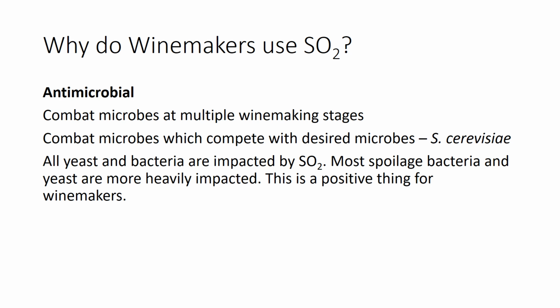However, spoilage bacteria and yeast are more heavily impacted, so this is a positive thing for us. Small levels of sulfur dioxide used up front can support our preferred Saccharomyces population. And during the life of the wine, including the aging and bottling process, it's used as an antimicrobial and antioxidant compound, fighting off other things that we don't want.